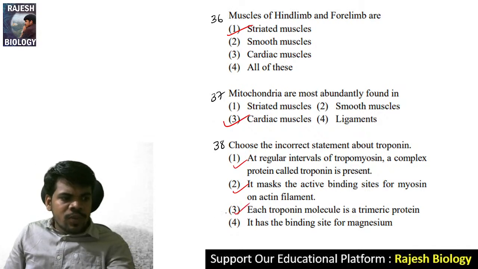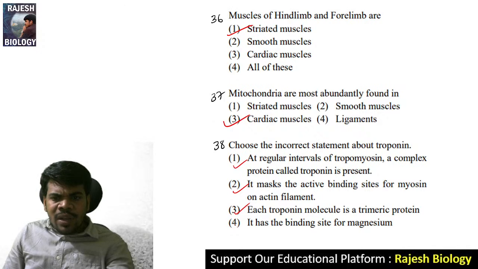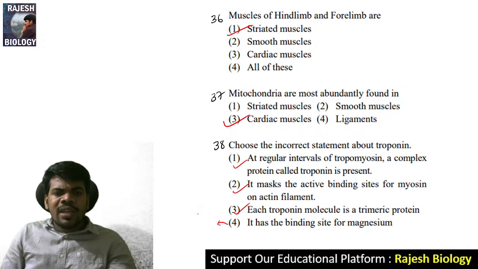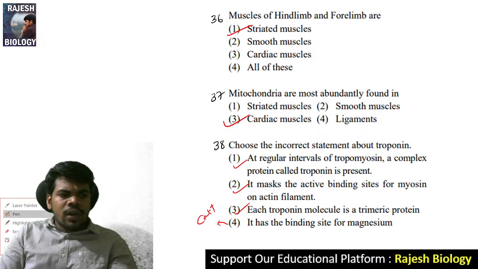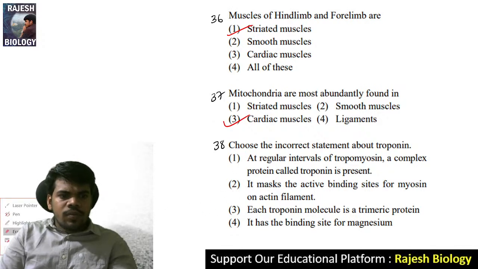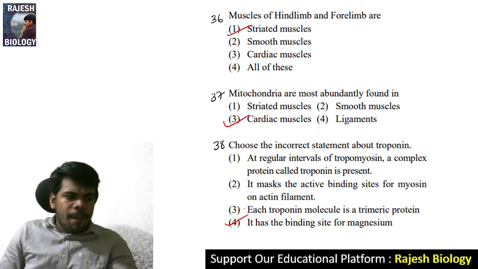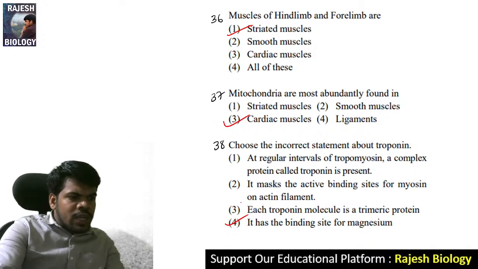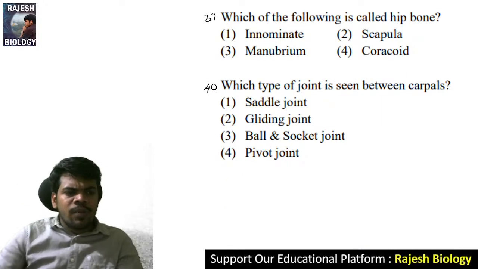And it has the binding site for magnesium. No, it has the binding site for calcium. So, according to this, the right answer is option 4. Yes, Jnaneshwari and Akshaya. Come to the question number 39.